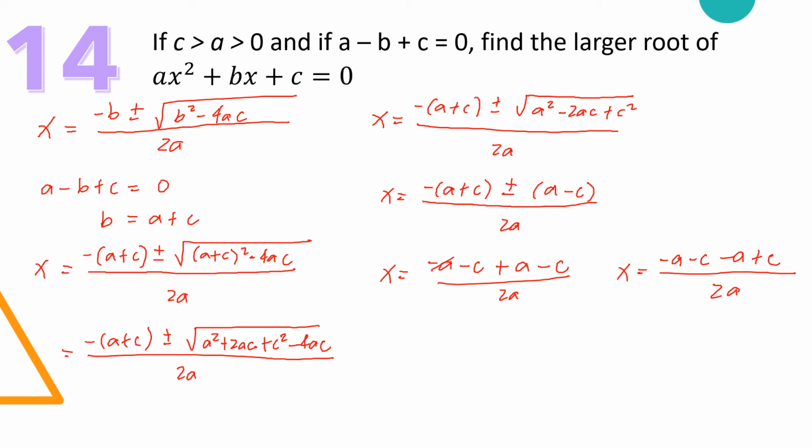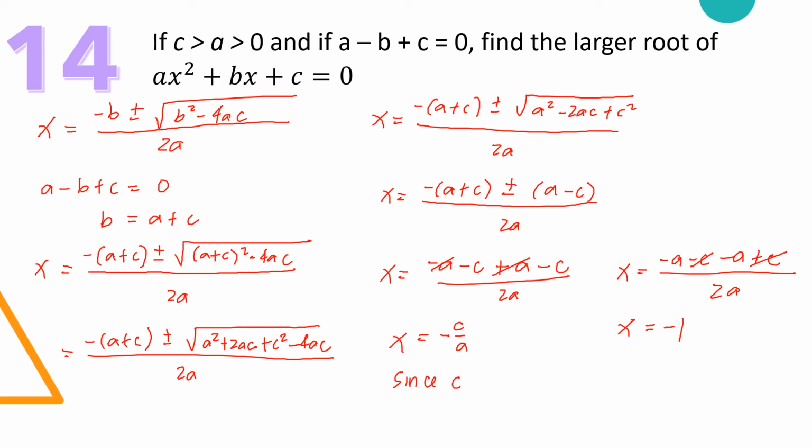Negative a plus a is 0, so we have x is equal to negative 2c over 2a, that is negative c over a. For the other root, negative c plus c is 0, so we have negative a minus a, that's negative 2a over 2a, and that is negative 1.